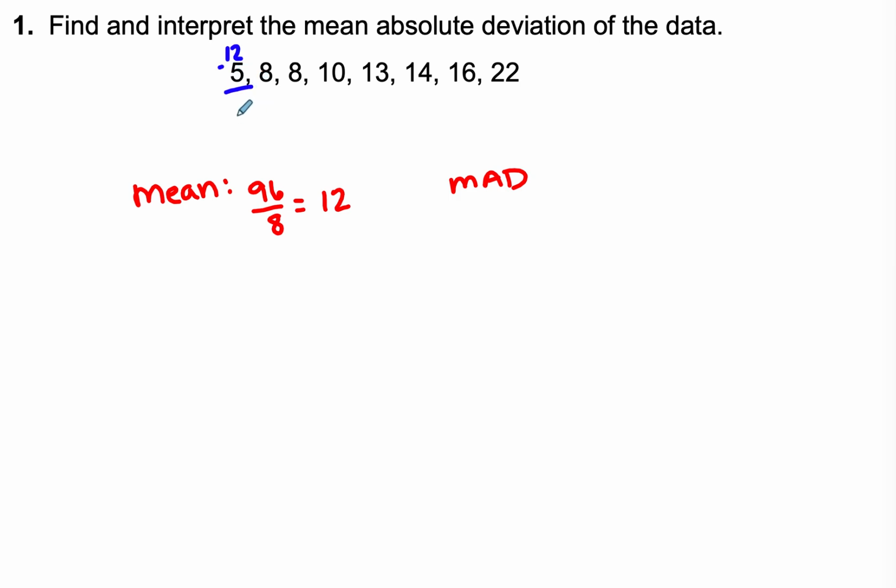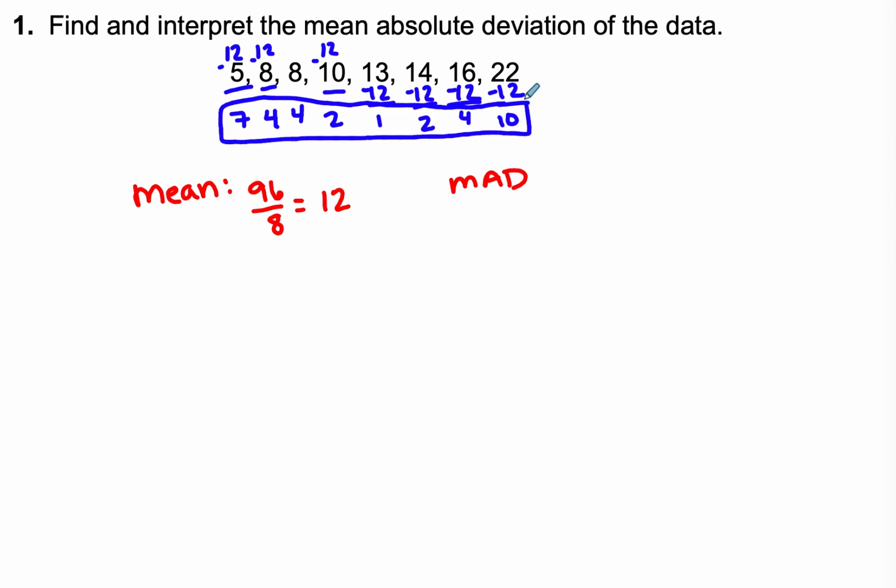So 12 minus 5 is 7. 12 minus 8 is 4. 12 minus 8 is 4. 12 minus 10 is 2. 13 minus 12, because the bigger number always goes first, is 1. 14 minus 12 equals 2. 16 minus 12 equals 4. And 22 minus 12 is 10. All right, so this is my new list of numbers that I need to find the mean for.